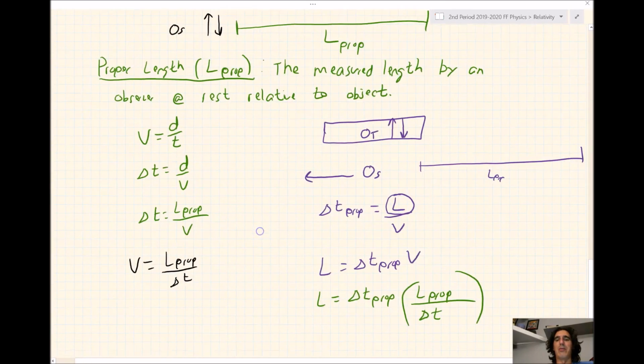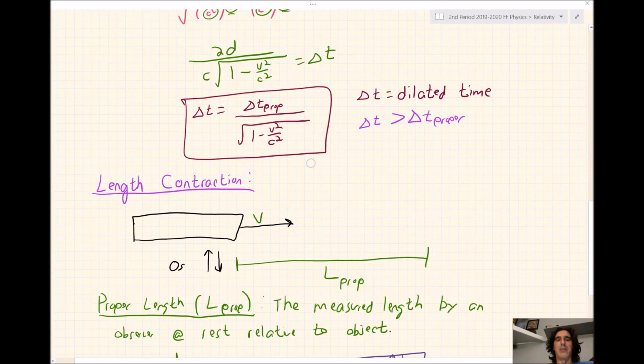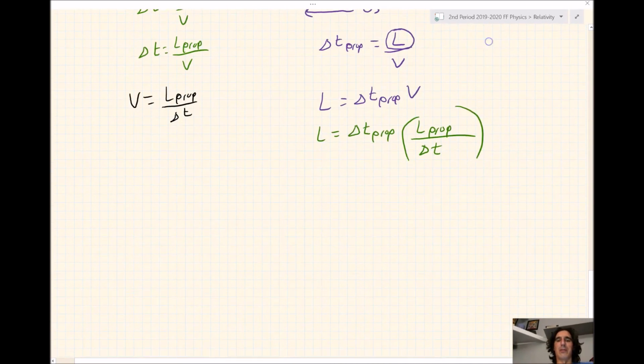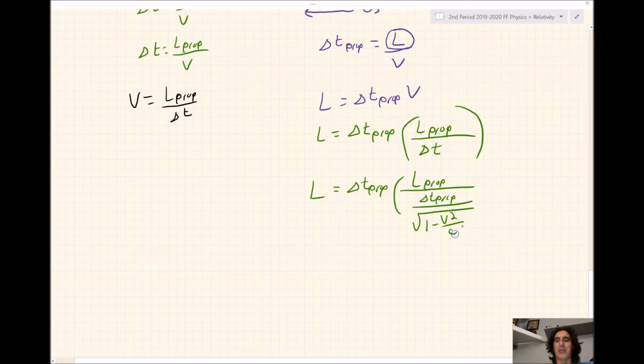And from above, we learned the formula for dilated time. It's the change in proper time over the square root of 1 minus V squared over C squared. So let's plug that in. L equals the change in proper time times the proper length, all over delta t, which is delta t proper over the square root of 1 minus V squared over C squared.